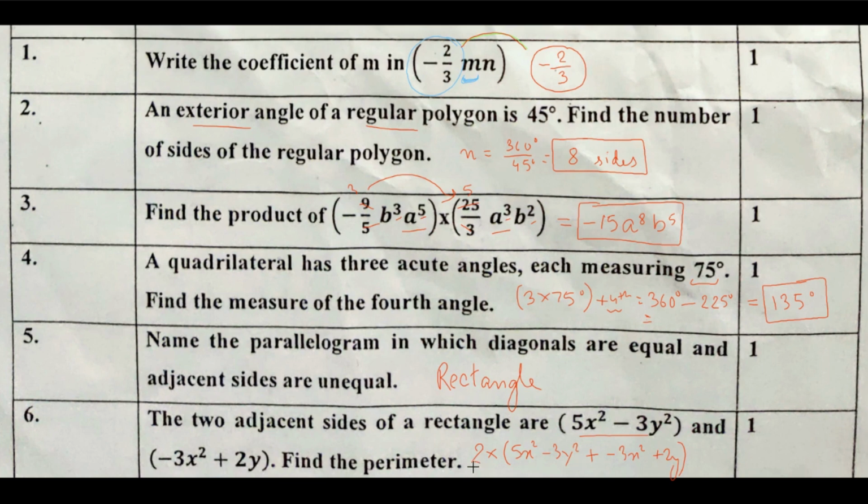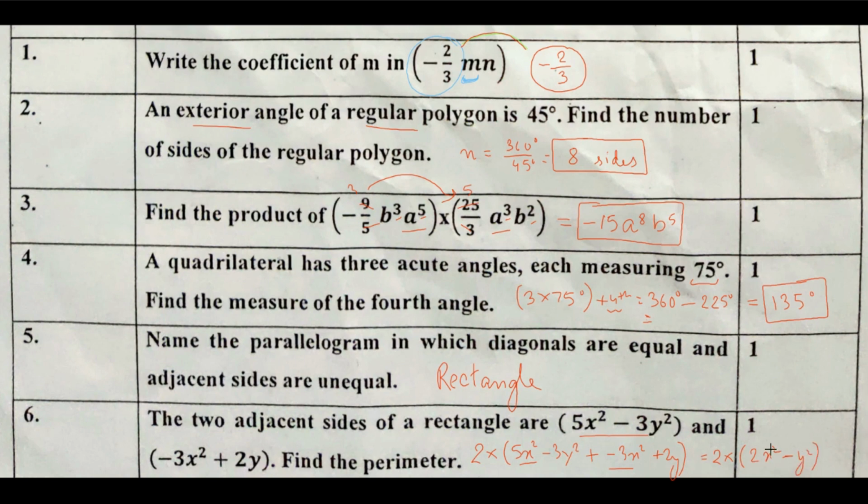Now I'll keep the multiplication outside because it's out of the parenthesis. What we do next is we combine the like terms. So 5 minus 3 is 2, so I'll have 2 times 2x square, and minus 3y plus 2y gives me minus y.